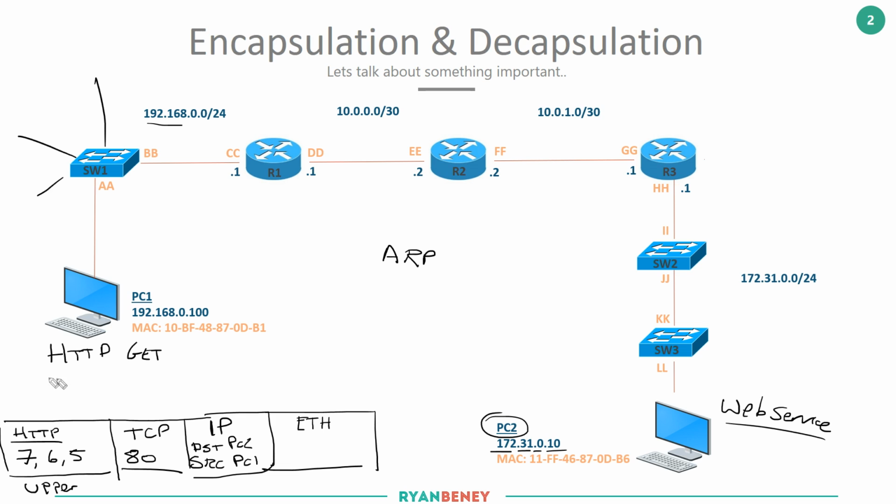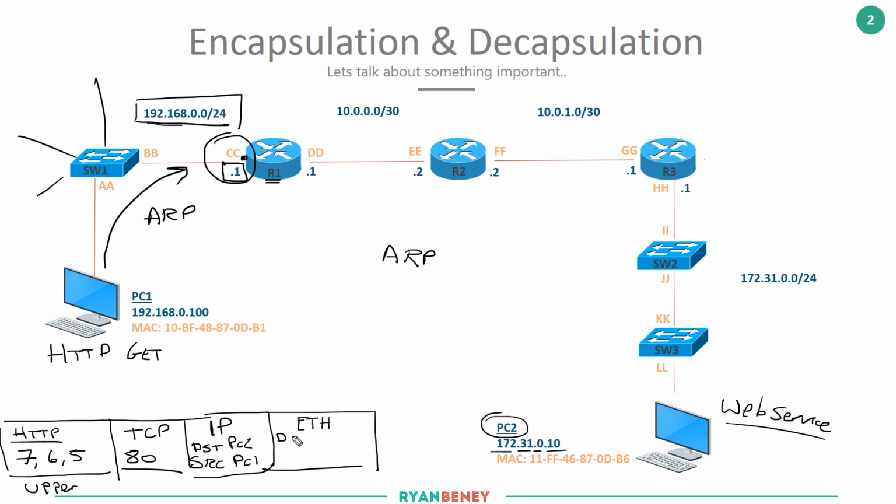And because of that, PC1 will have to send the traffic to its default gateway, which will be the .1 IP address of router 1 in the 192.168.0.0/24 network. So as such, an ARP is sent out onto the wire in order to obtain the MAC address of router 1.